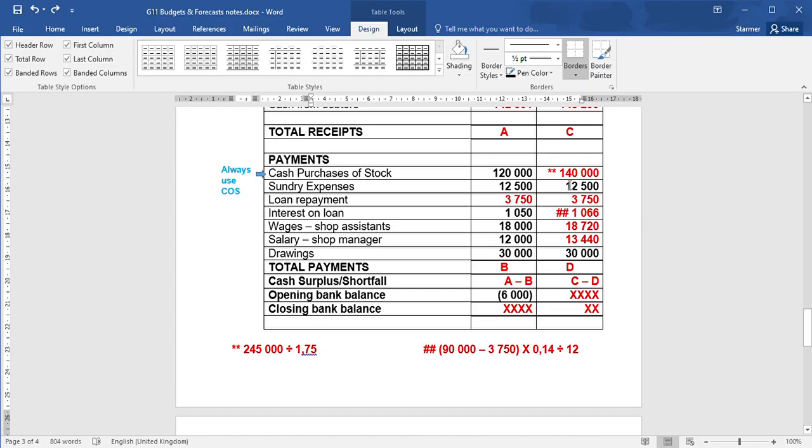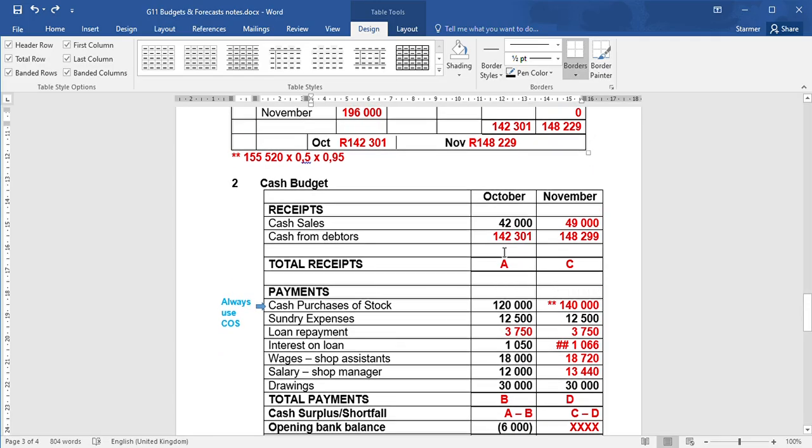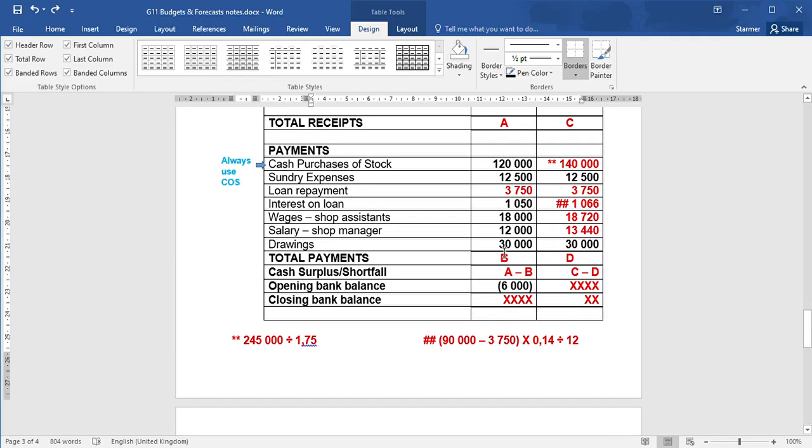Okay, the next one tells you that on the 1st of November, the salary of the shop manager will increase by 12%, whilst the wages of the 6 shop assistants will increase by 120 Rand each. Okay, if you have a look here, the shop manager is straightforward. You take the 12,000 and you add on the increase of 12%, and that gives you 13,440.